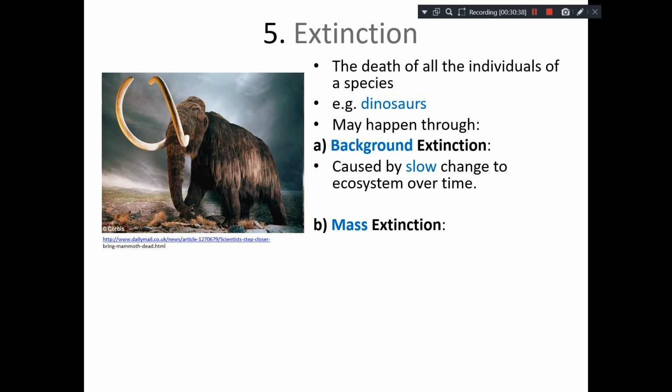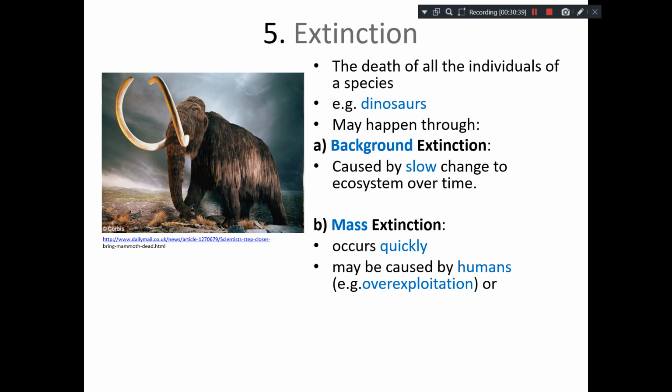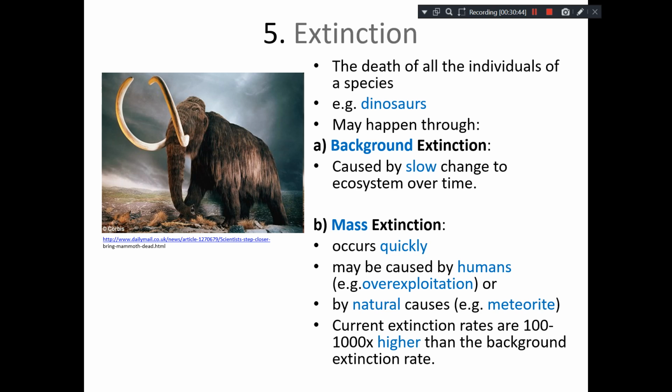Sometimes extinction may be slow or it may occur because of overexploitation by natural causes. At present, if you look into the extinction rate, it is 100 to 1000 times higher than the extinction rate which used to happen in the remote past. So we are losing many of these animals at a very alarming rate.